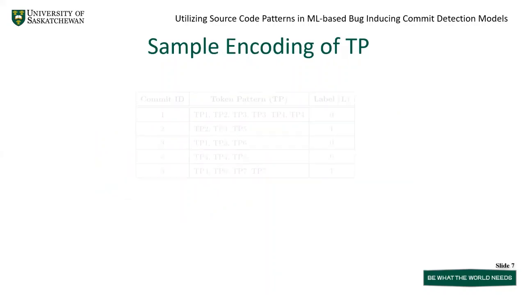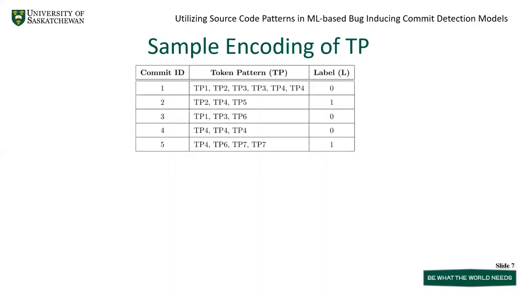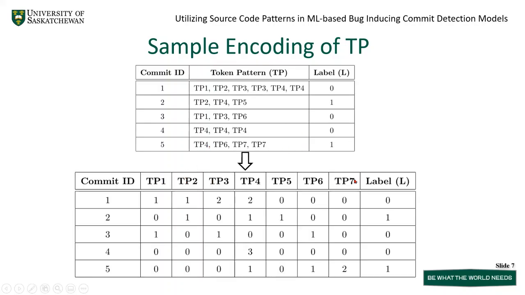Here, I want to show a sample encoding of token patterns to make it more clear. For example, commit ID 1 has this token pattern, commit ID 2 has this. Similarly, commit ID 5 has this token pattern. We obtain the unique token patterns and make them the labels of the feature values, and then count each token pattern.